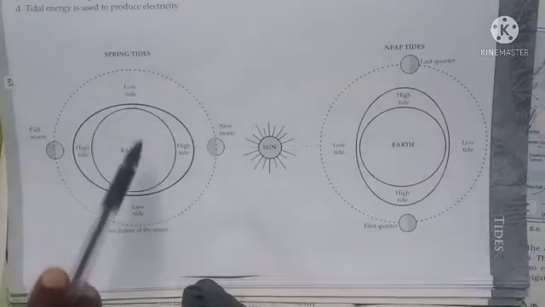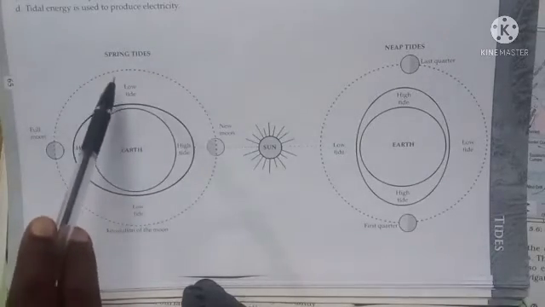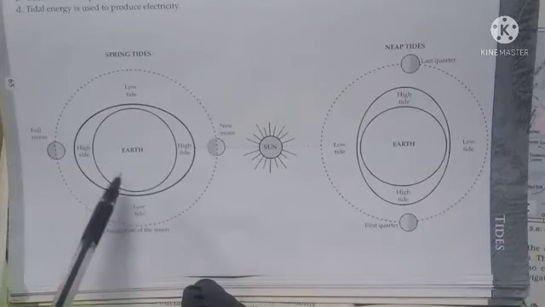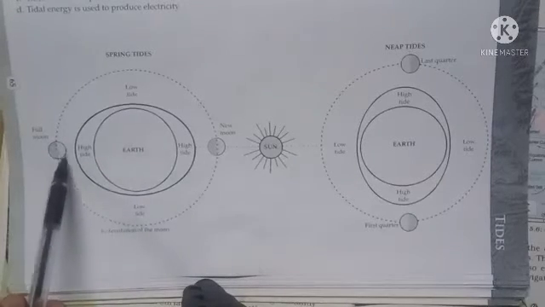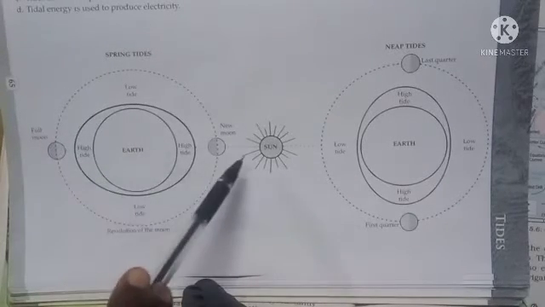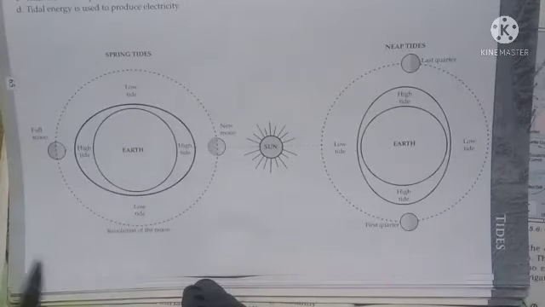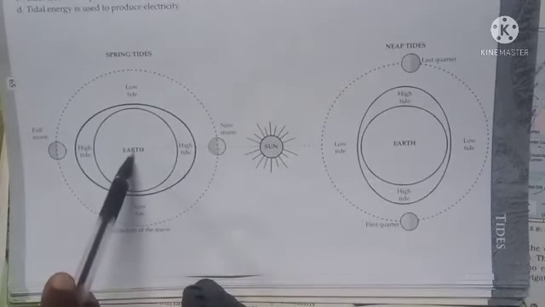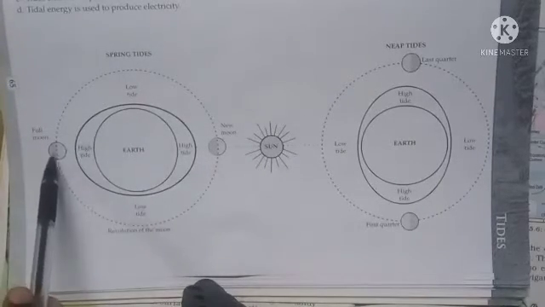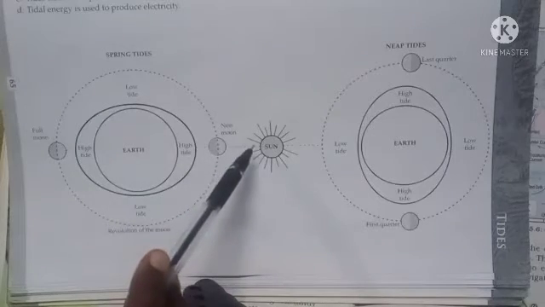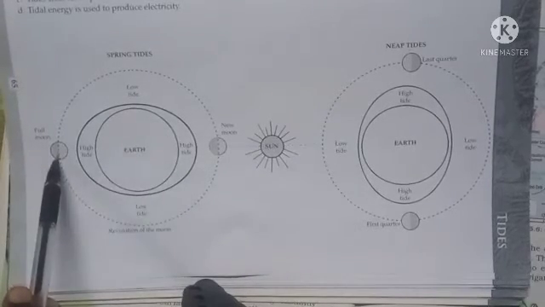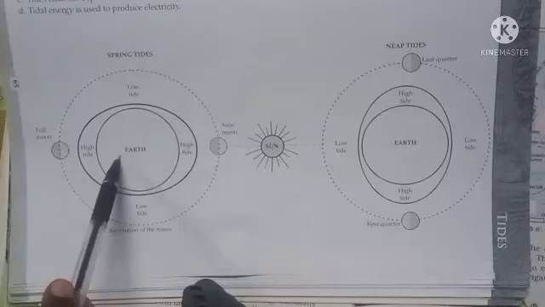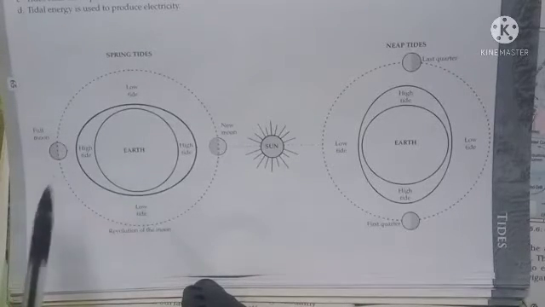During the spring tide, we see the moon, earth and the sun in a straight line. During the new moon, we can see the sun, moon and the earth in a straight line. During the full moon, we see the sun, earth and the full moon. The earth will be in the middle, so we will be having a full moon.